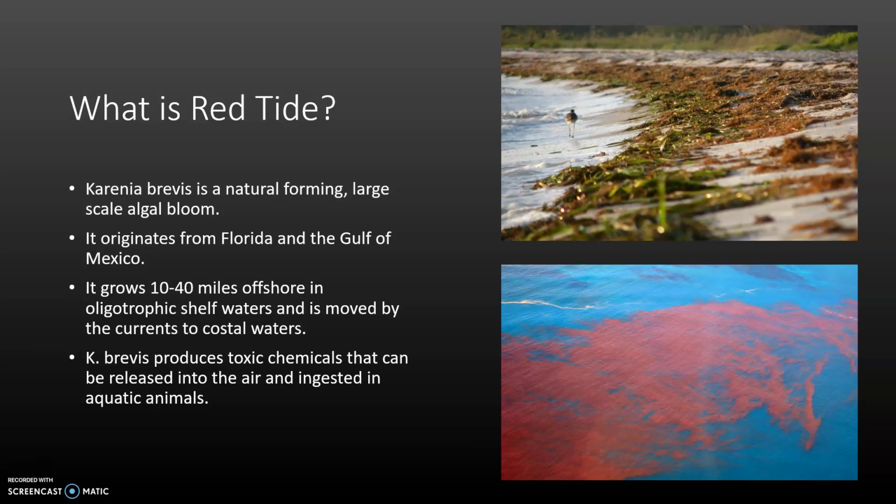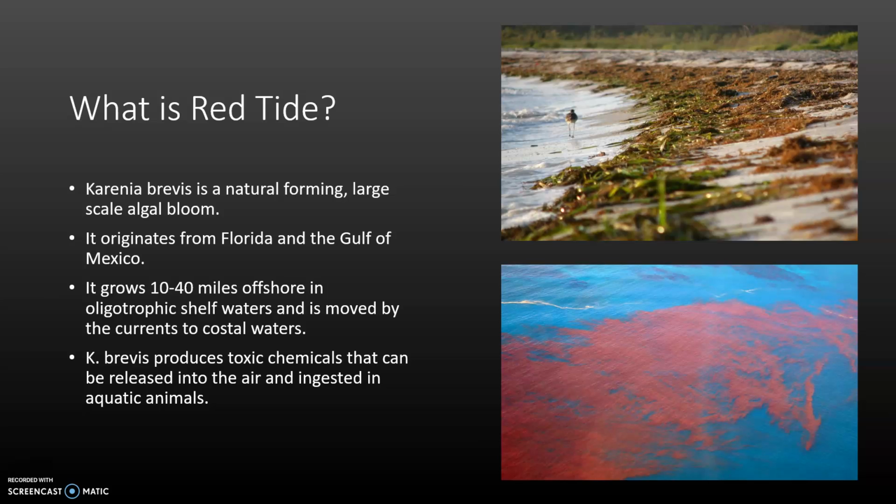Karenia brevis originates 10 to 40 miles offshore. It forms in oligotrophic shelf waters, which is just large open water, usually low in the ocean with not much life but high oxygen rates, and then moves through currents to the coastal waters where there's more nutrient-rich soil and water and minerals, which ultimately leads to larger growth, which I'm going to talk about a little bit more in a little bit.